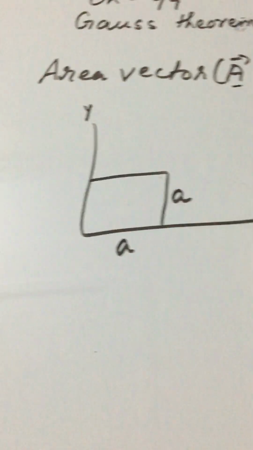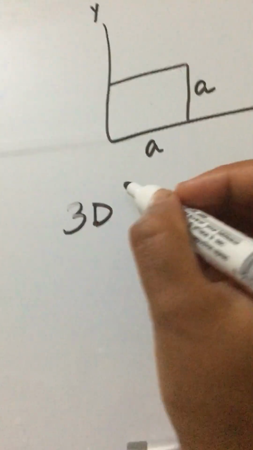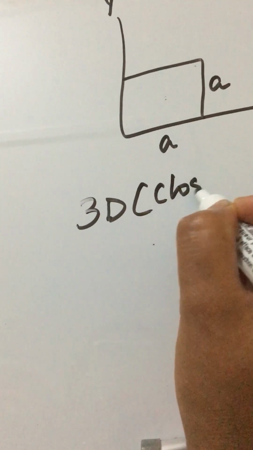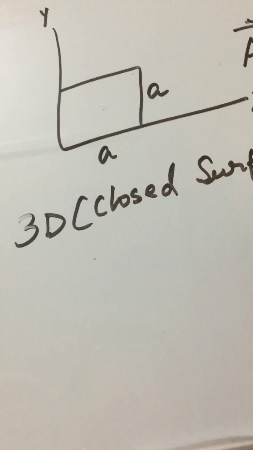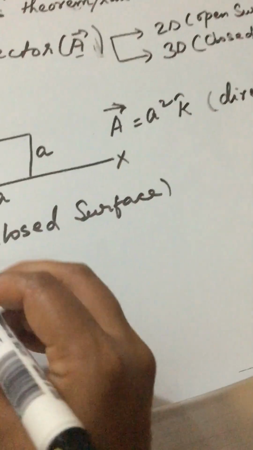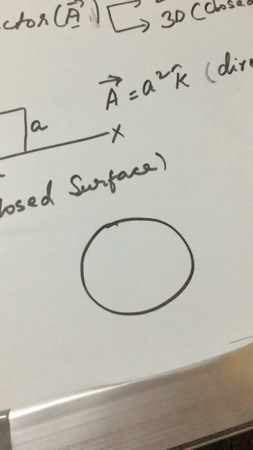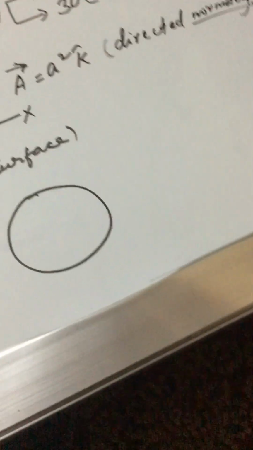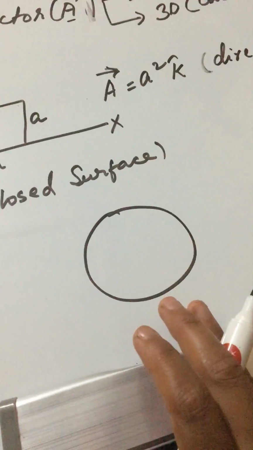Now coming to the closed surface, 3D. A 3D surface we call a closed surface. In a closed surface also the concept will be the same. Let's say here is a sphere. A closed surface means surface area, and what is the direction?